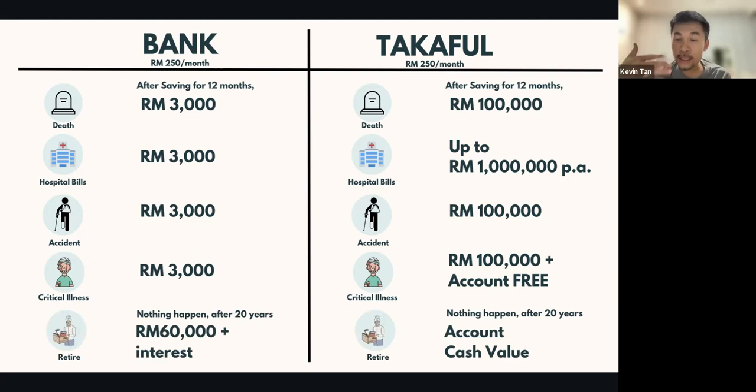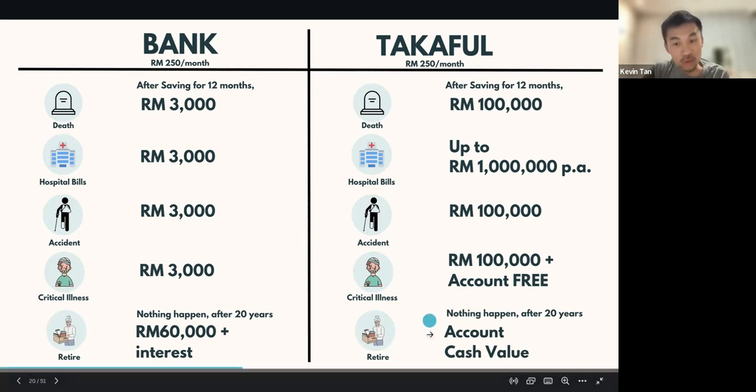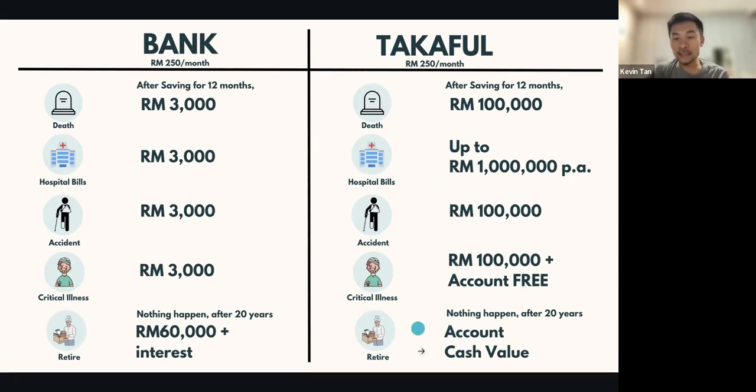But it depends on the dividend declared every year, like EPF. So I will say more or less, it will be around there. So it won't be a big difference on the saving side. So something or nothing, you will still get. You claim 100,000, you don't claim, you still get the same account value. You don't claim, also you get account value.